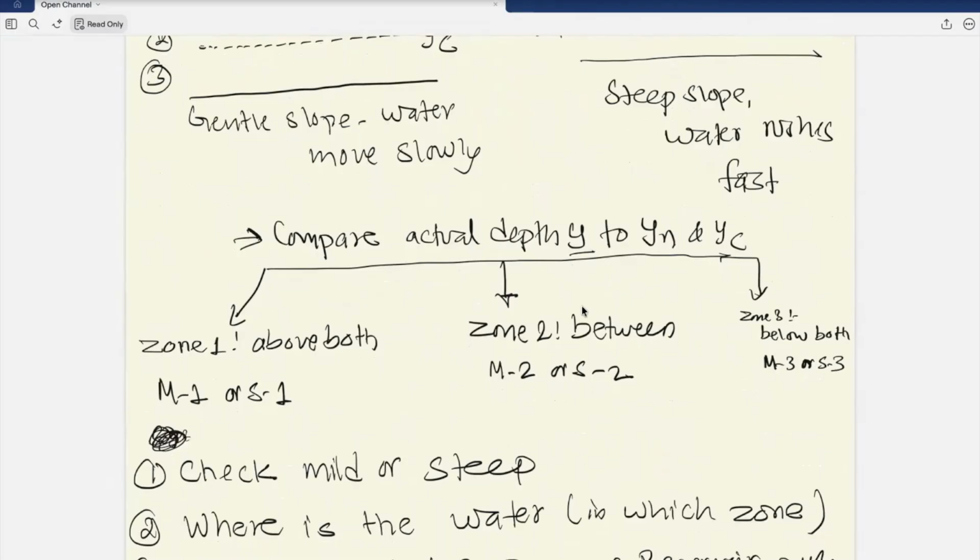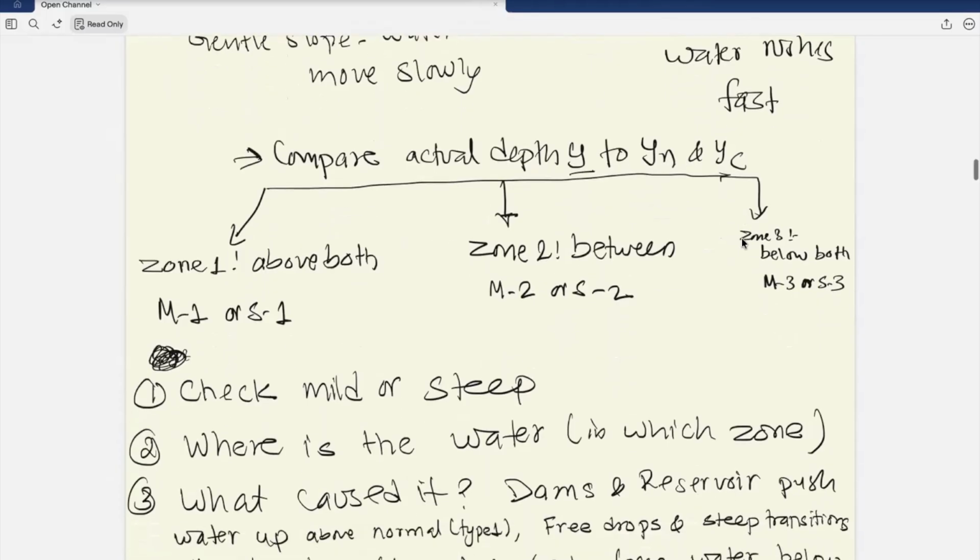Similarly, if the actual depth is between yn and yc, then we consider that as M2 or S2, whereas for zone 3, y should be less than both normal depth and critical depth.